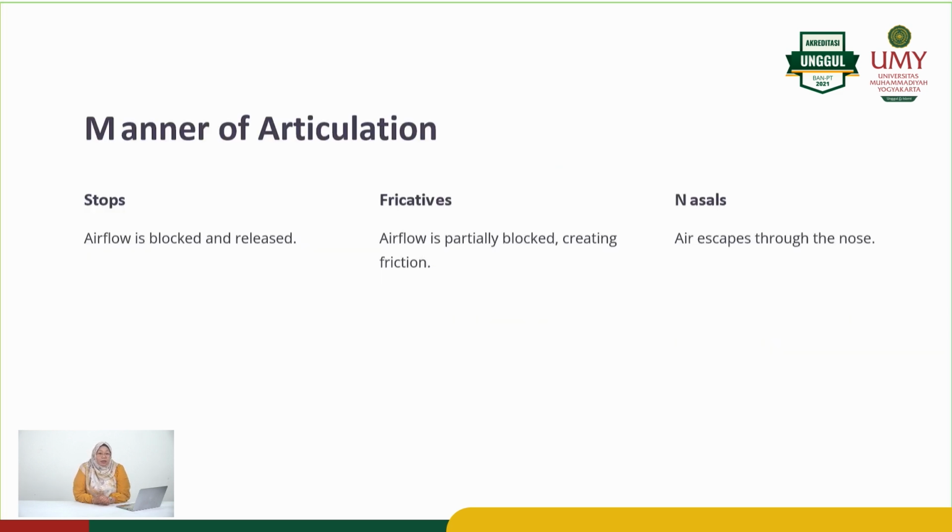Okay. So as we previously learned, the name of the sound is determined by where the sound is produced, and it is also indicated with manner of articulation, or how sounds are made. Sounds are also classified by how they are made.